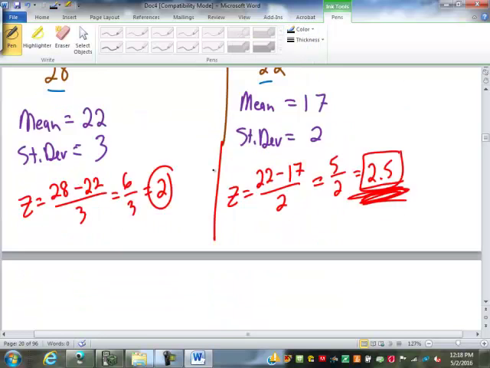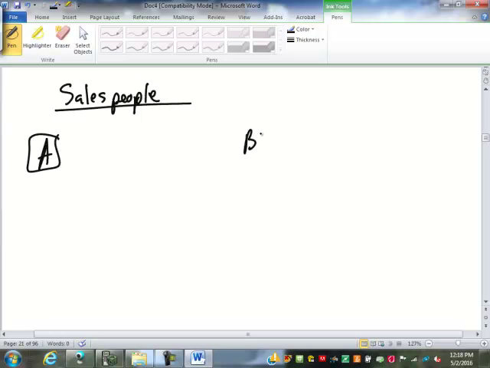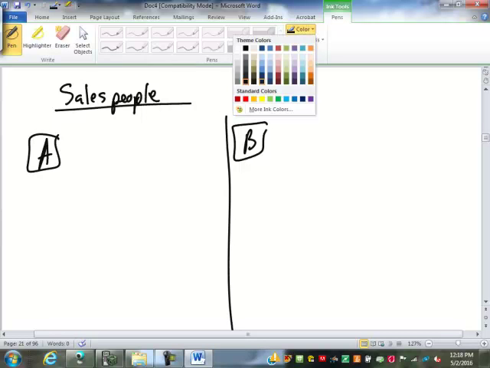Another way of looking at it, let's say that you get a job as a manager in a retail store, and you have to fire one of your salespeople. And let's say you've got it narrowed down to 2, and you decide between person A and person B, whoever has the worst week this week is the one that's going to go.